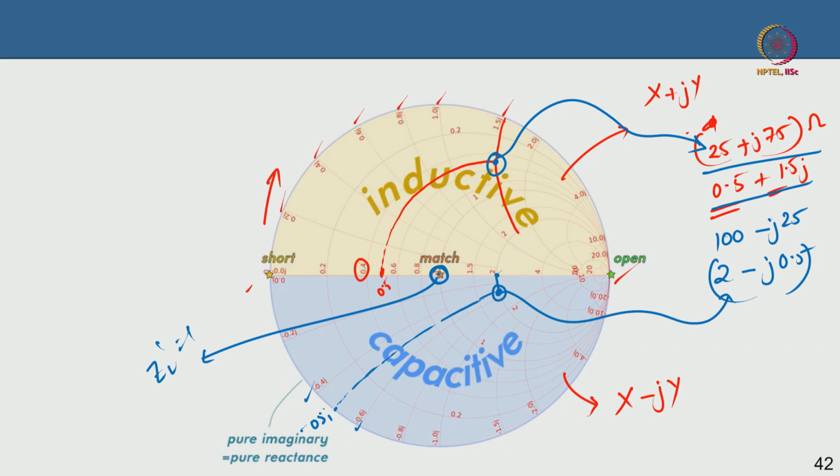This could be, for instance, the output impedance of the device, and I want the device to be internally matched to 50 ohm, because everything is 50 ohm. So, from this point I have to come to this point. I want to add something to the device so that the output impedance is now matched, which is 50 ohm. That is the concept of impedance matching in a way.